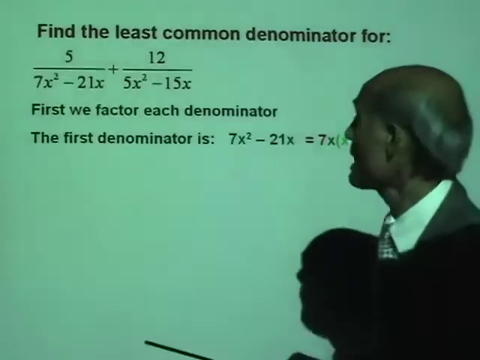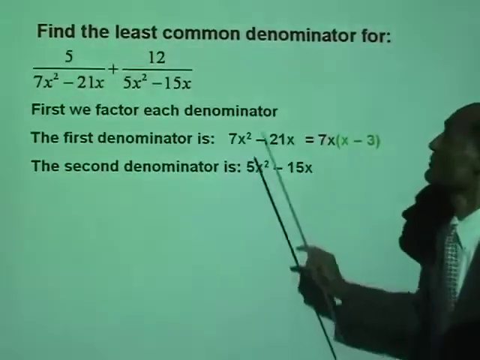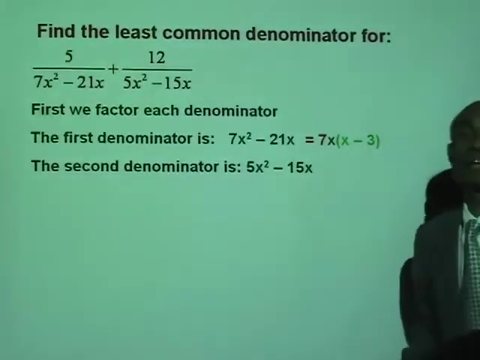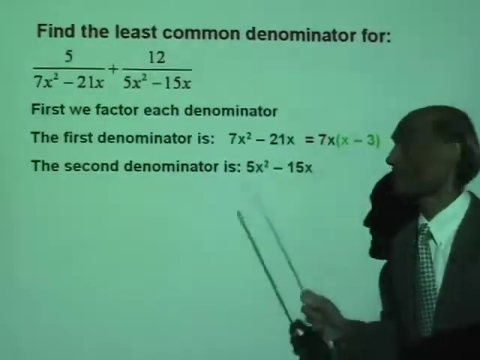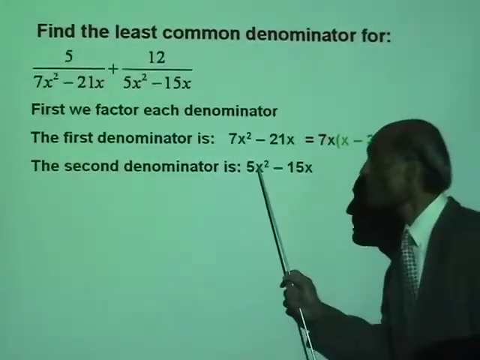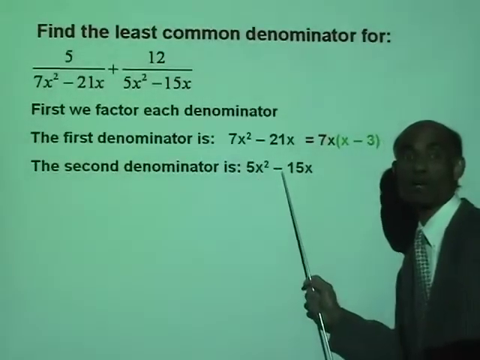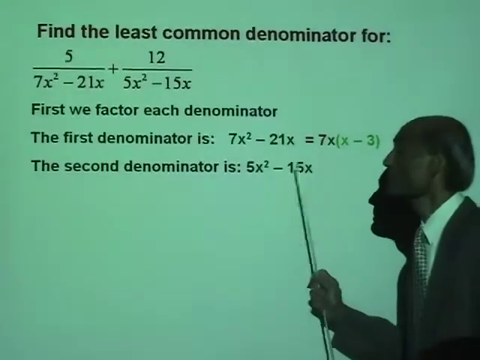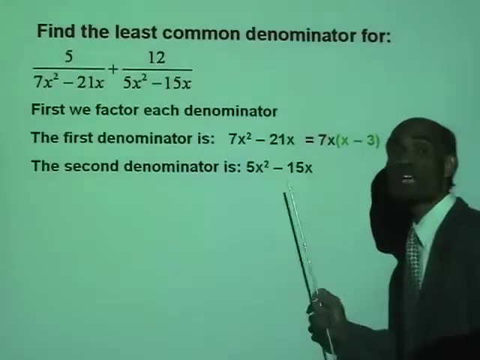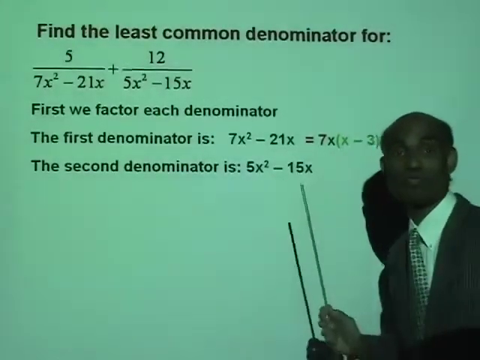Alright, let's now factor the second denominator. The second denominator is 5x squared minus 15x. Can you look for the common factor there? What is the common factor in 5x squared minus 15x? Look again at the numbers. 5 and 15, 5 is the common factor.